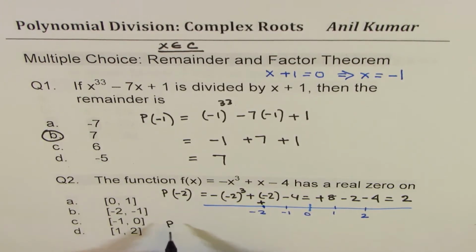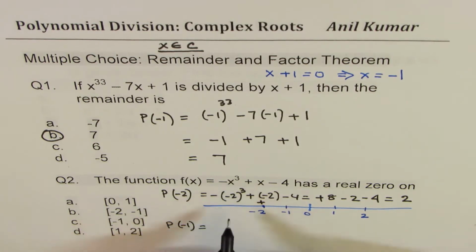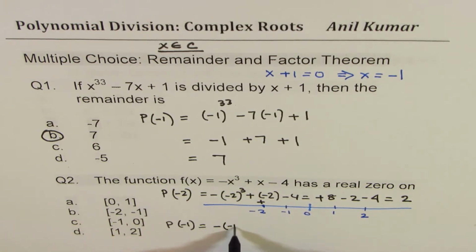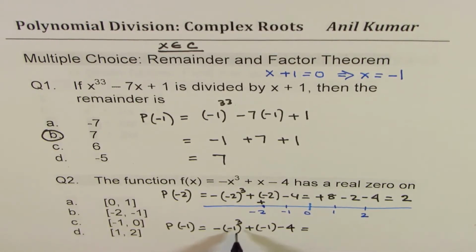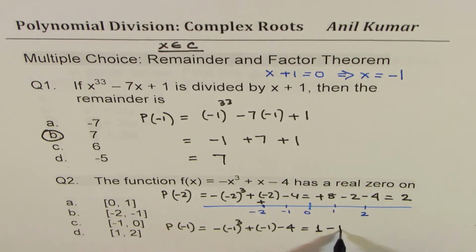Let us now calculate the value at minus 1. Substitute minus 1 here: minus of minus 1 whole cubed plus minus 1 minus 4. Minus 1 cubed is negative, and negative of negative is positive. So you get plus 1. Plus 1 and minus 1 is 0, and we already have minus 4.